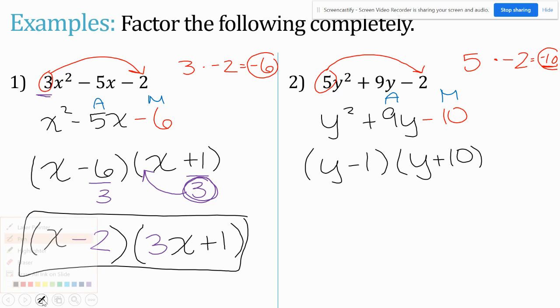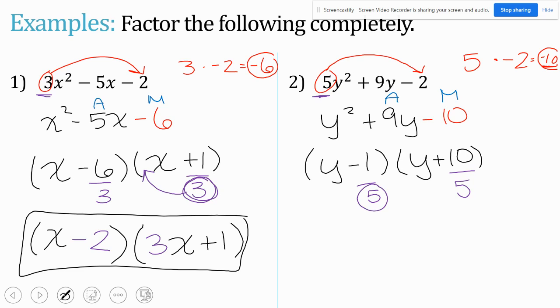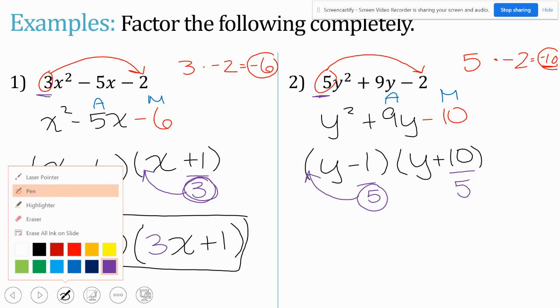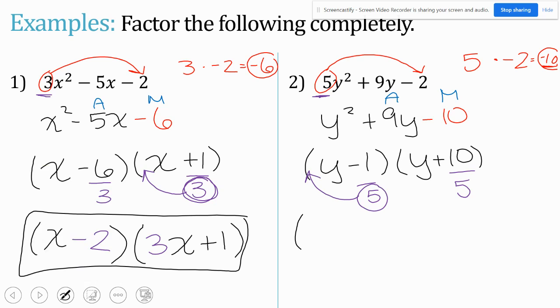Now let's divide that by our original A value, which was 5. So let's divide by 5. This fraction we're not able to simplify, so this we're going to do bottoms up. So it's going to look like this. 5y minus 1.